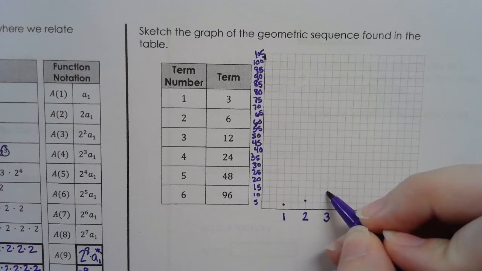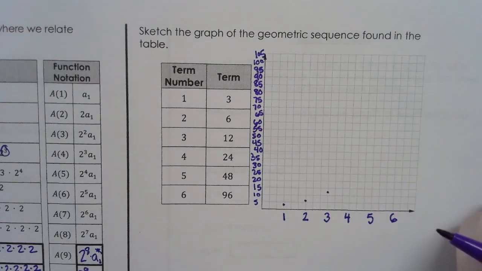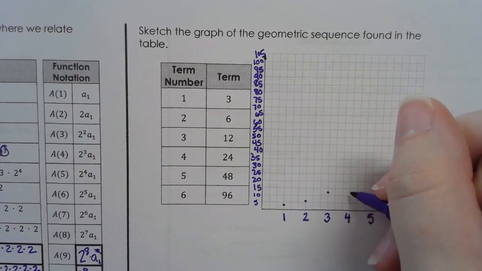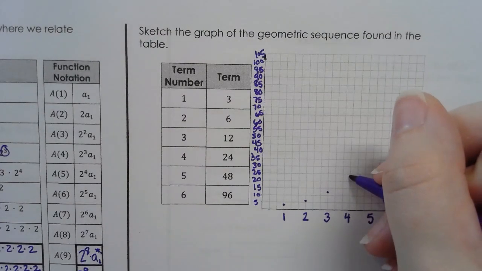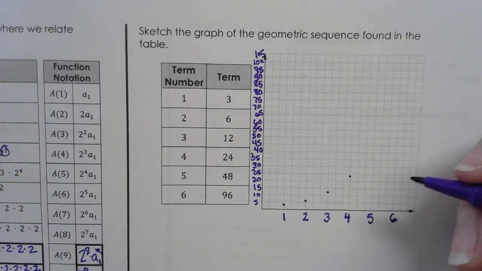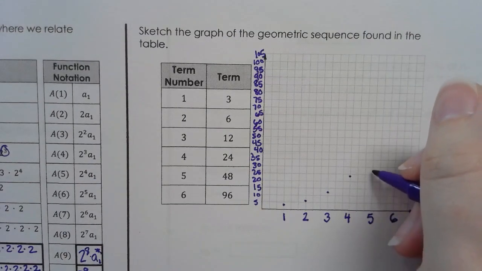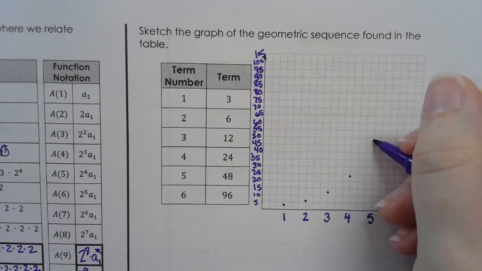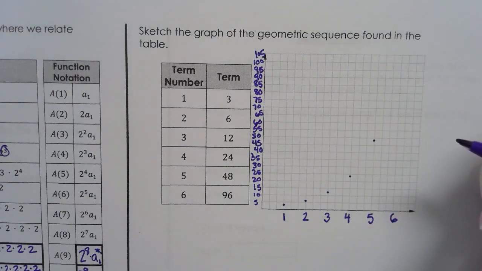It's a little bit less than halfway between there. 4, 24. So 4, a little bit less than 25. 5, 48, and 6, 96.